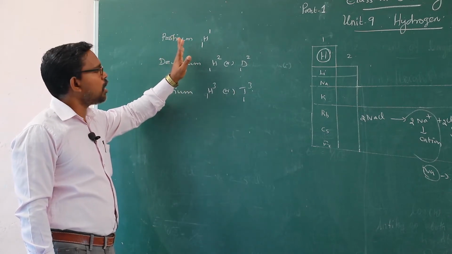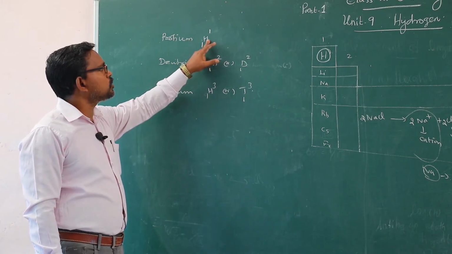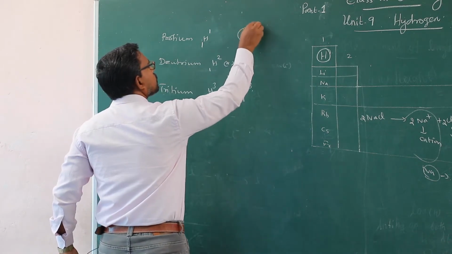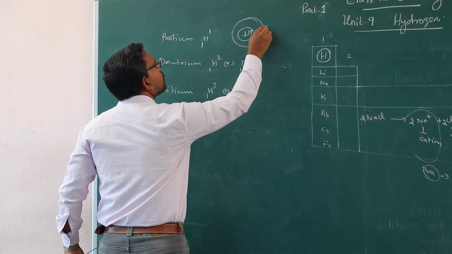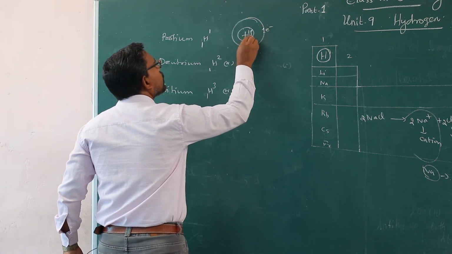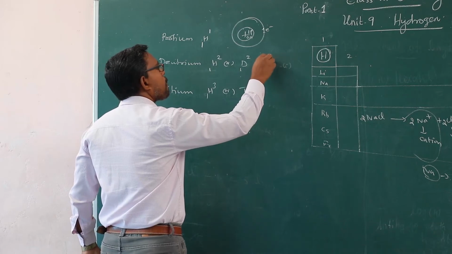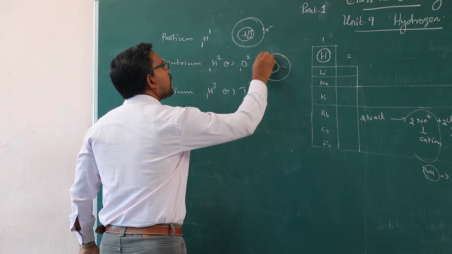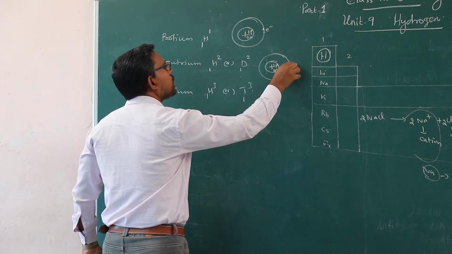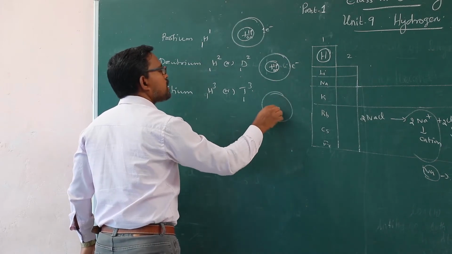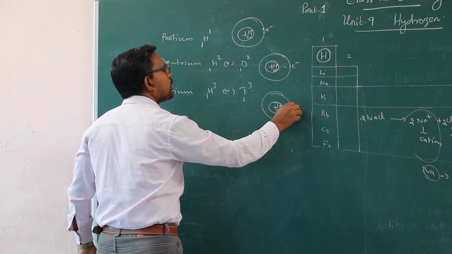Protium is the normal isotope of hydrogen, and it is represented like this: 1 proton and 1 electron, 0 neutrons, no neutrons present. Deuterium is represented like this: 1 proton, 1 neutron and 1 electron. Tritium is represented like this: 1 proton, 2 neutrons and 1 electron.